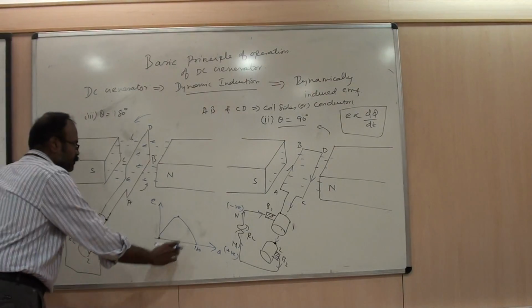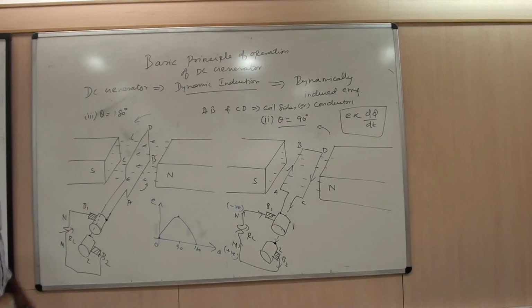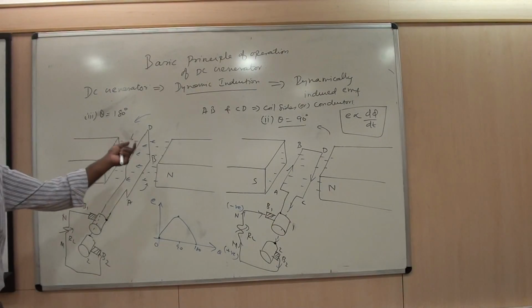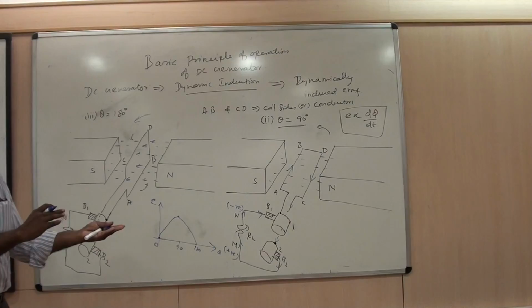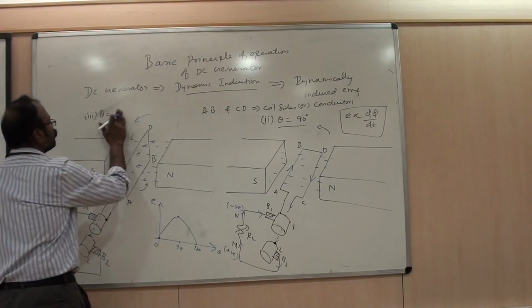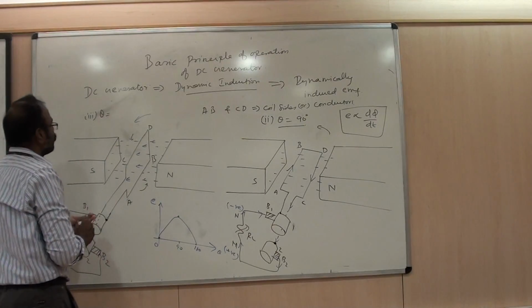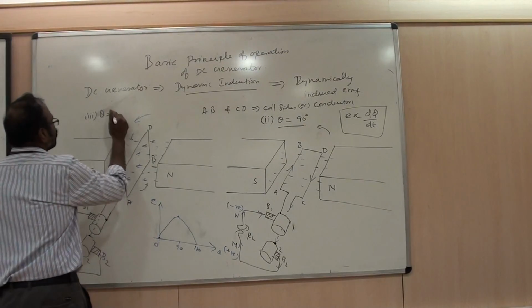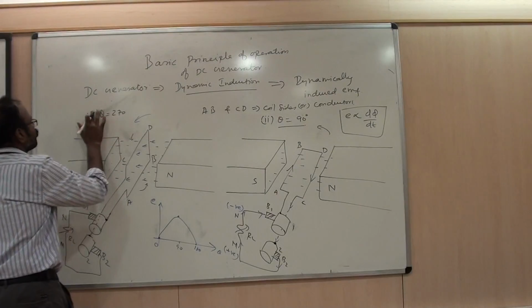Now half of the cycle is over with the slip rings. Let us assume the last portion. After theta equals 180 degrees, if it rotates another 90 degrees, theta will become 270. This is the fourth portion.